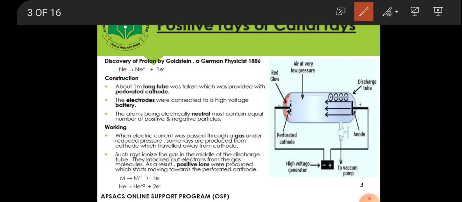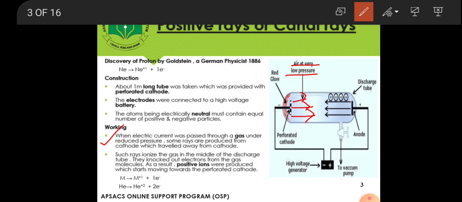So students, let's understand the working. When an electric current was passed through a gas maintained at a very low pressure, it was observed that some rays were produced from the cathode that traveled away from the cathode, and these are the cathode rays.